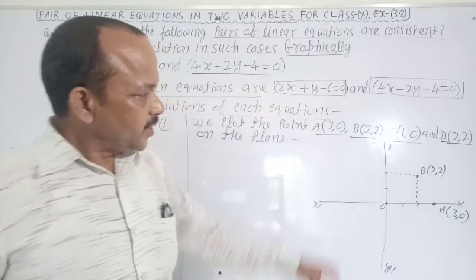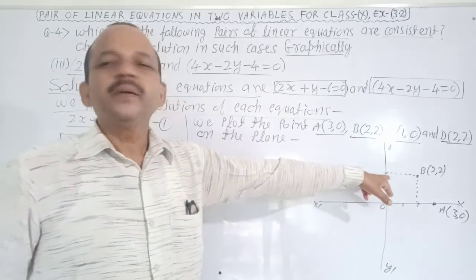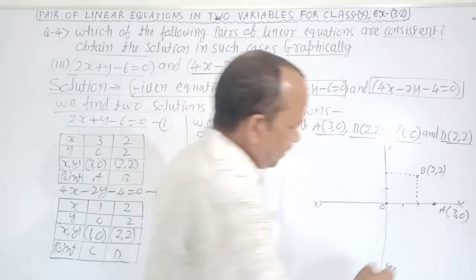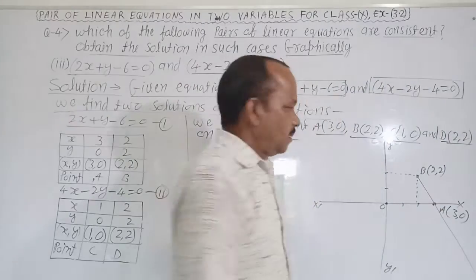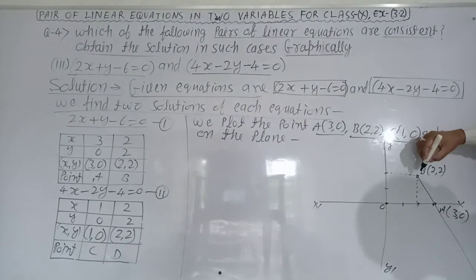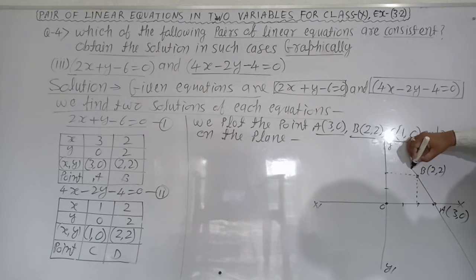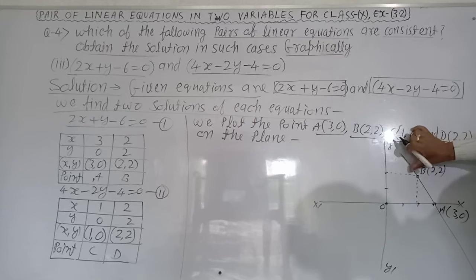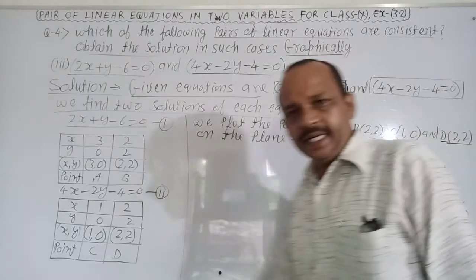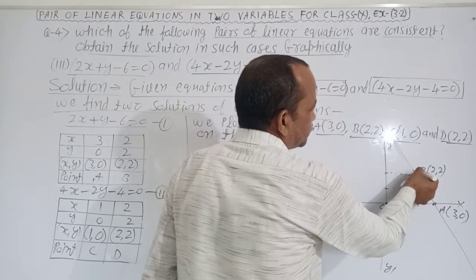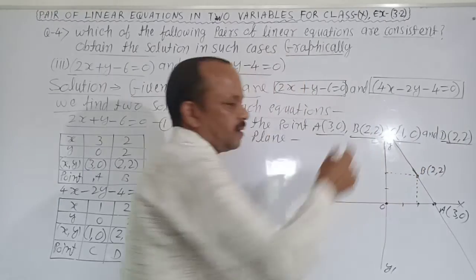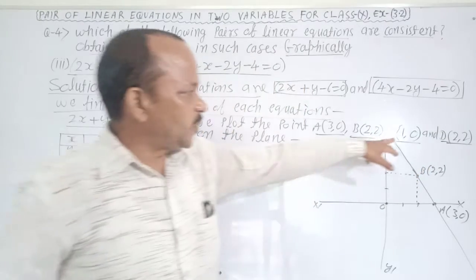You join point A and B and produce the line. Clear?